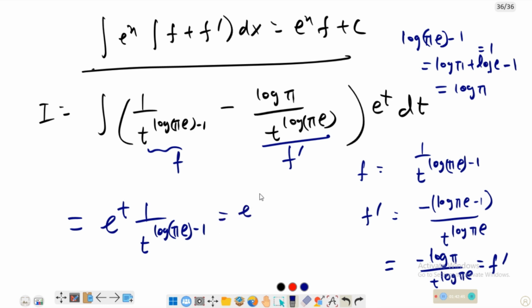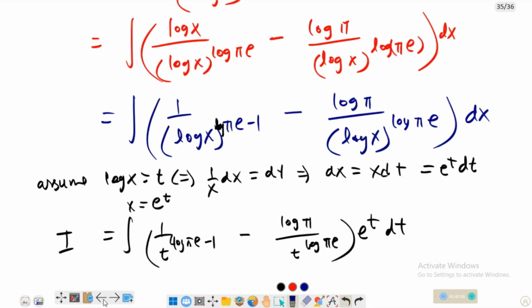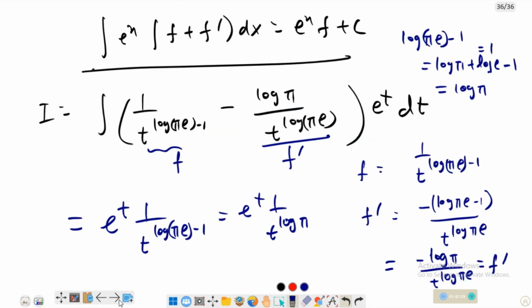This is equal to e to the power t 1 upon t to the power log pi. Okay, what is our t? T is our log x. Okay, so basically this is x and 1 upon log x to the power log pi plus c.